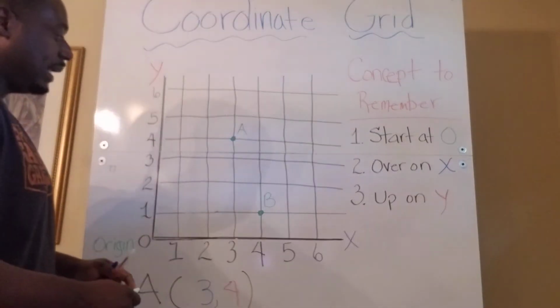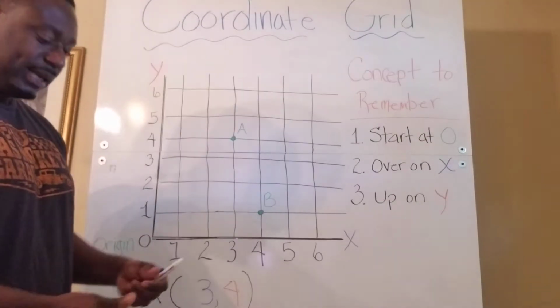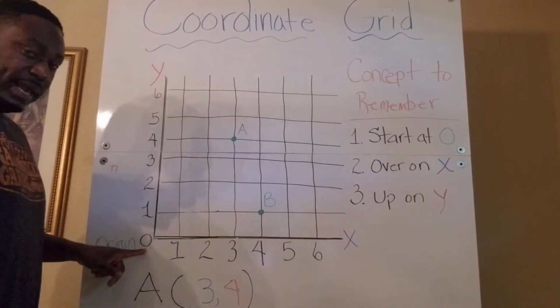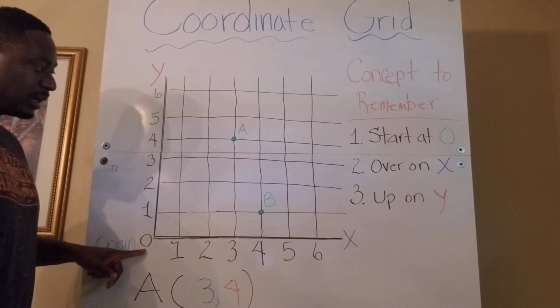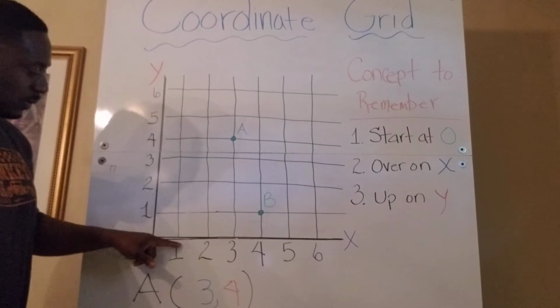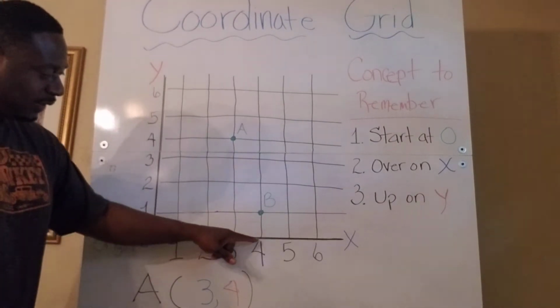All right. Next, I've done another one for you, which is B. We can go through this together. Remember, we want to start at 0. We want to again start on our x-axis. So B is here, so I'm going to go over 1, 2, 3, 4 ticks.